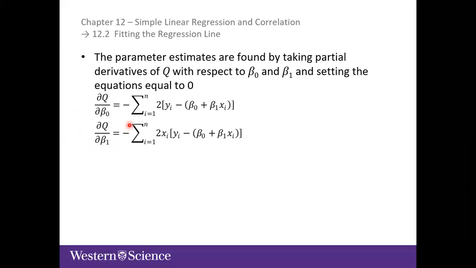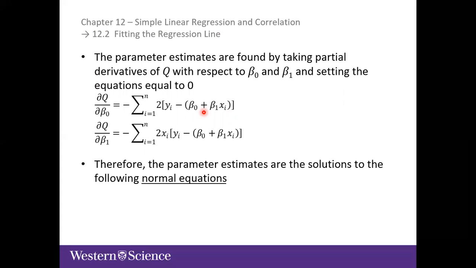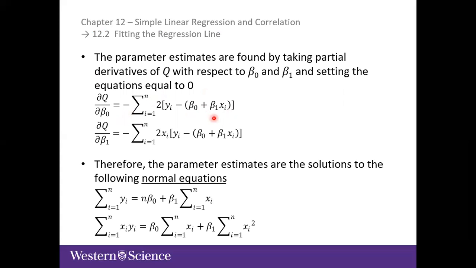So we have two equations, two parameters. And if we set those to 0 and solve for beta naught and beta 1, we can determine the best fit values of those coefficients under the least squares method. Those equations are usually called the normal equations. If you set this to 0 and do some mathematical manipulation, essentially what we get is this equation.